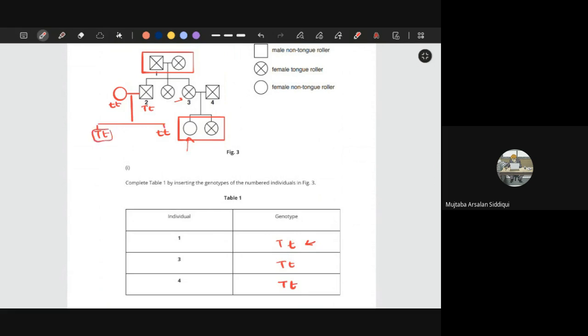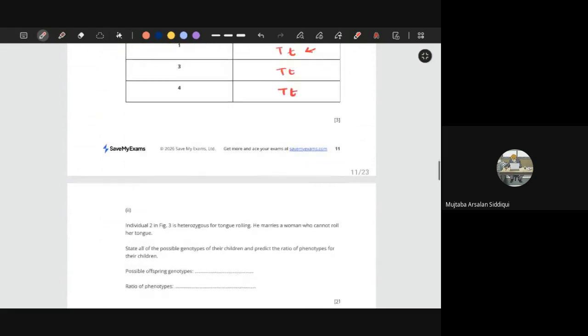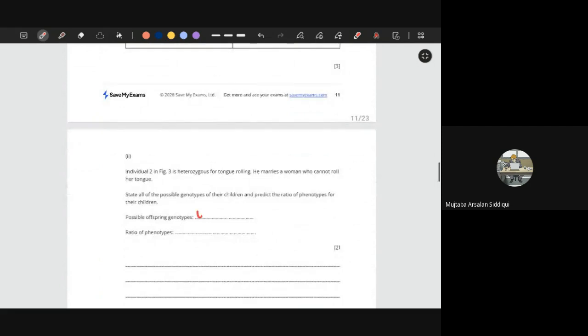And the ratio would be 1 to 1, 50-50. Okay. Make sense? Yes.